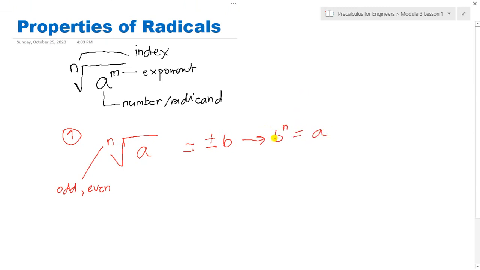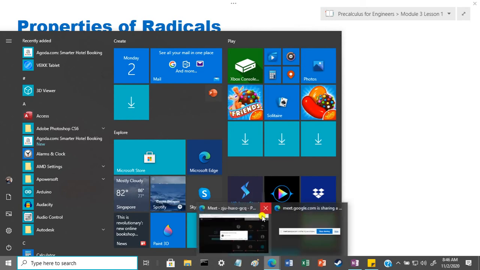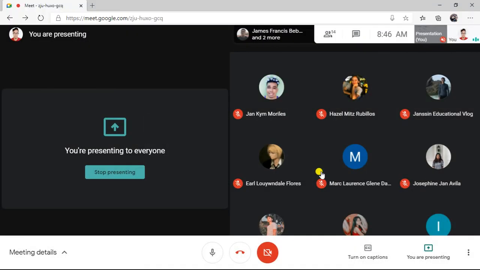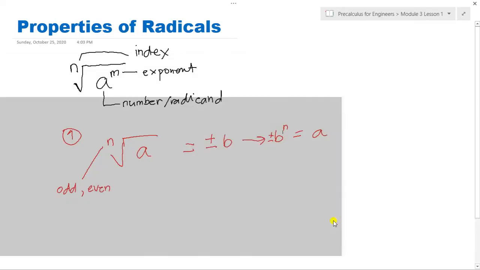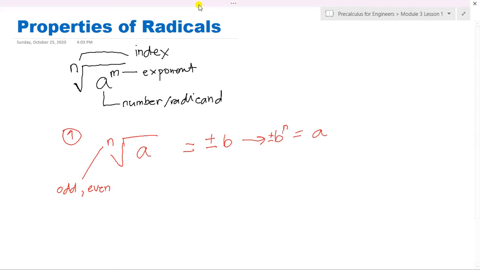So either positive or negative, magre-result siya sa a. But in this condition, your n must be even.